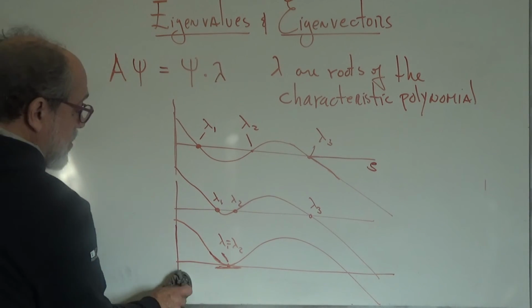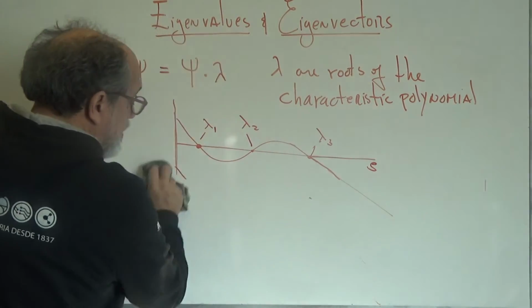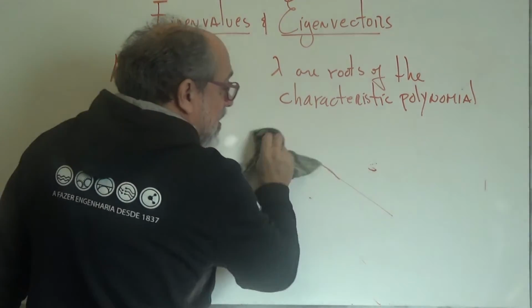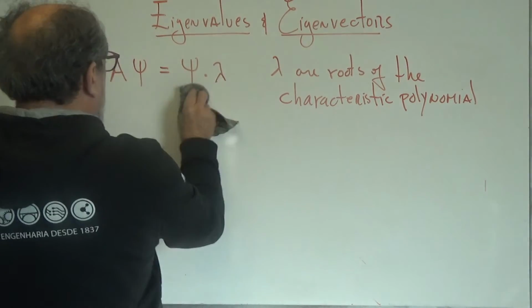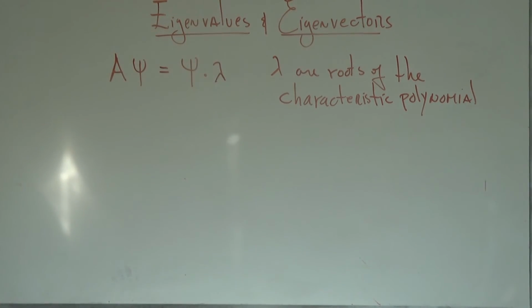Repeated eigenvalues require a lot of time to talk about to do it really well, and this is not the point to do it right now. Let's just stick to the simpler situation, which is almost always the prevailing one, where the eigenvalues are distinct.